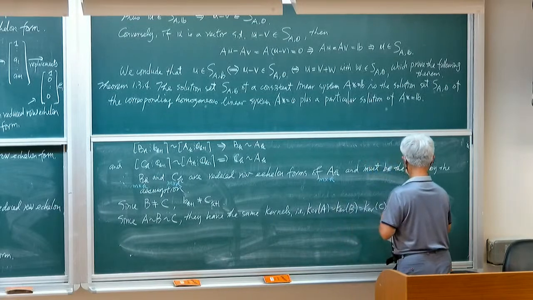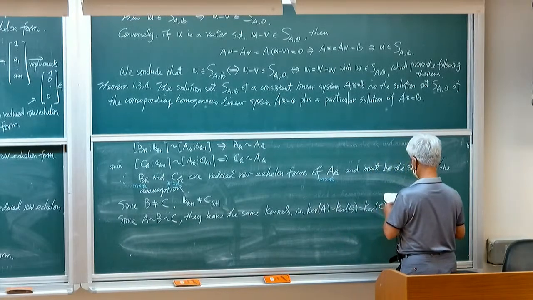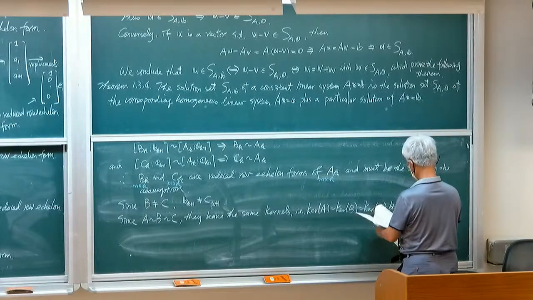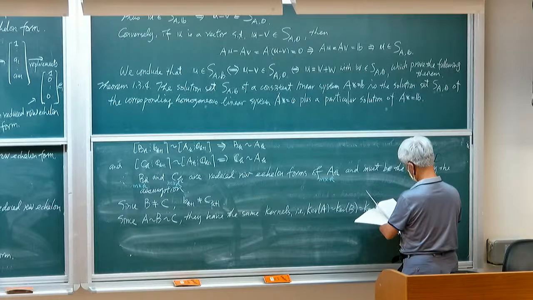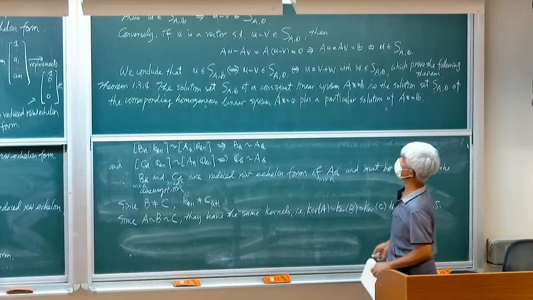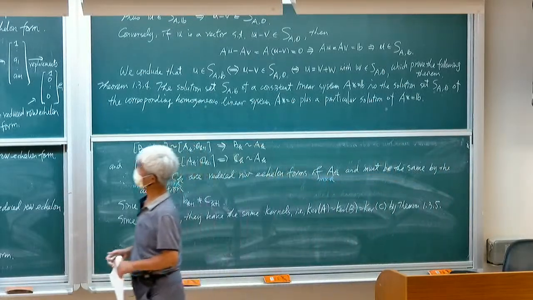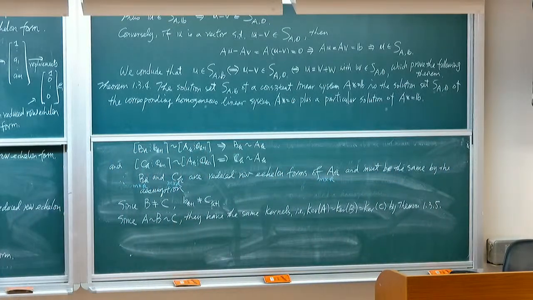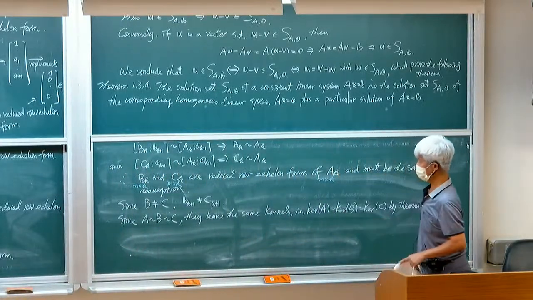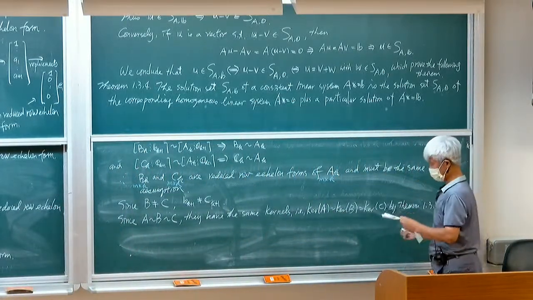By theorem 1.3.5, which we just proved, A, B, C are row equivalent, so they have the same kernel.